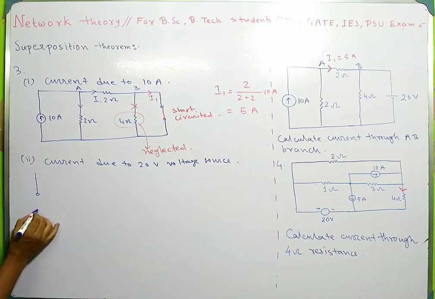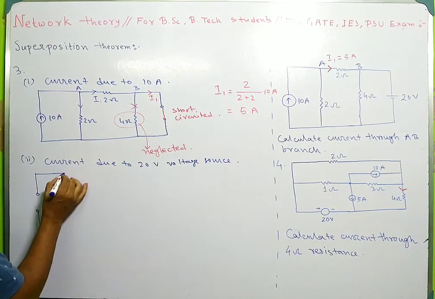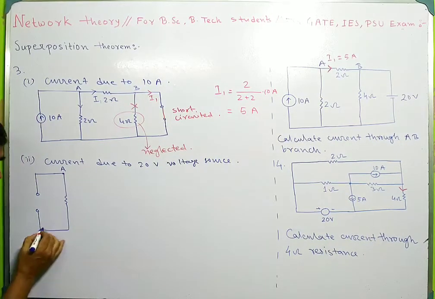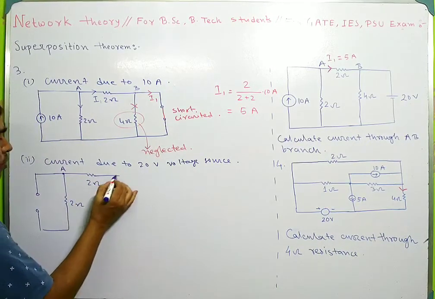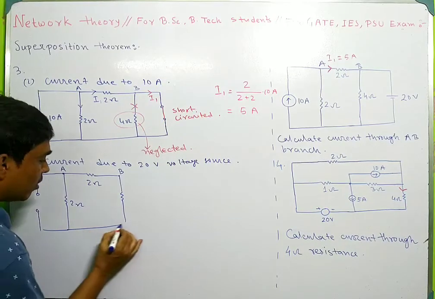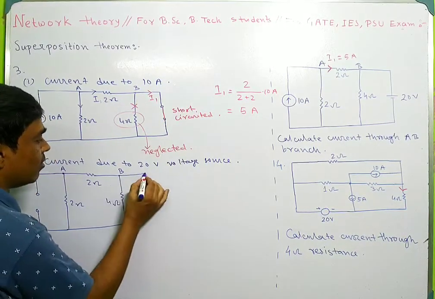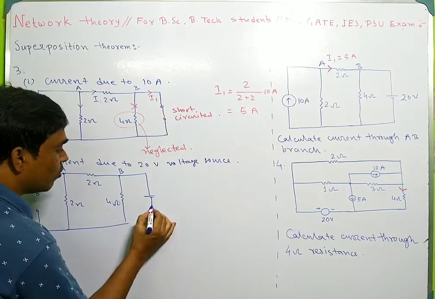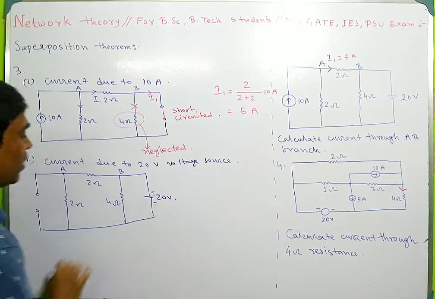This is the current source, and this is node A. This resistance is 2 ohm, this resistance is 2 ohm, this is node B, and this is the 4 ohm resistance, and this is the voltage source. This voltage source is 20 volt.